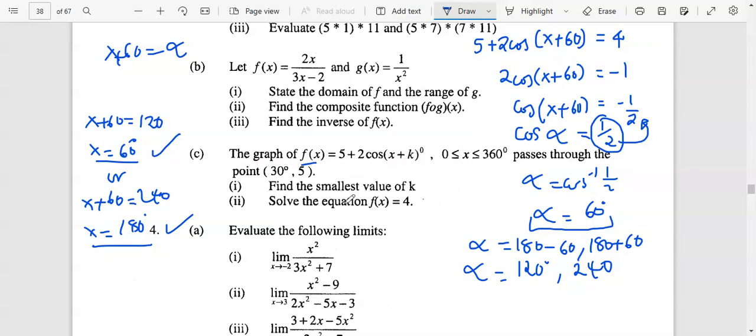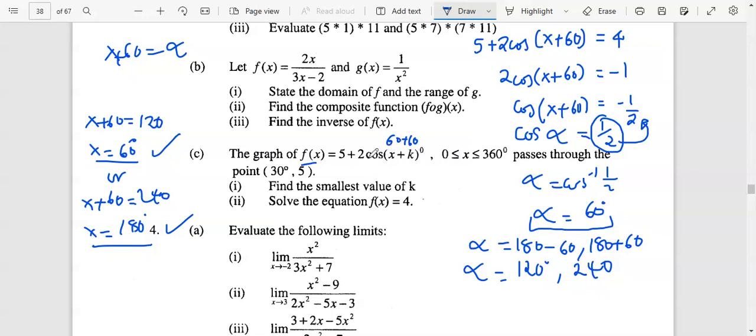Solve the equation. I hope we are okay. You can actually test if your values are correct. Go here, put 60 here. So it's going to be 60 plus 60, which is 120.